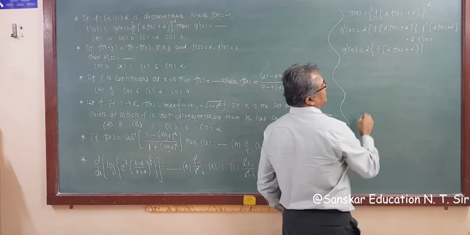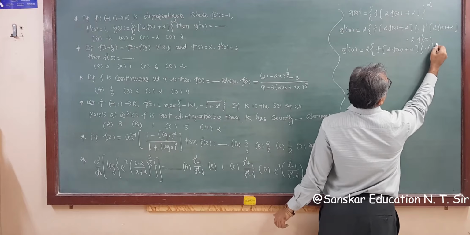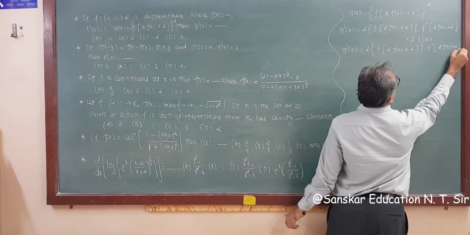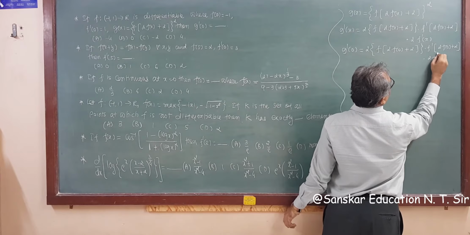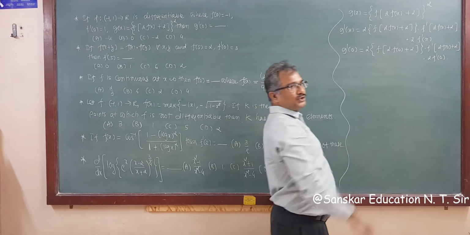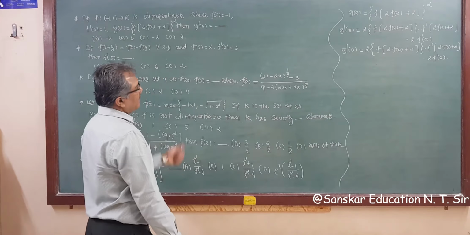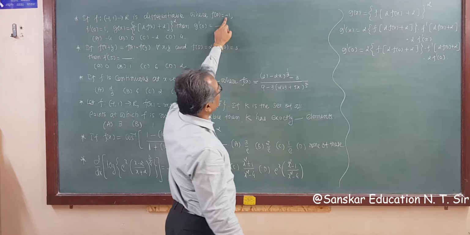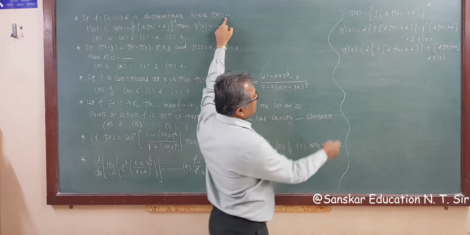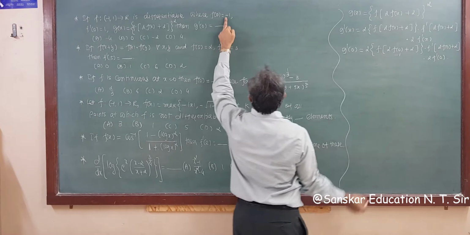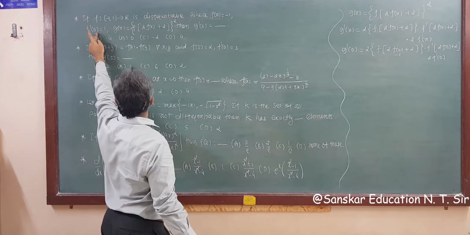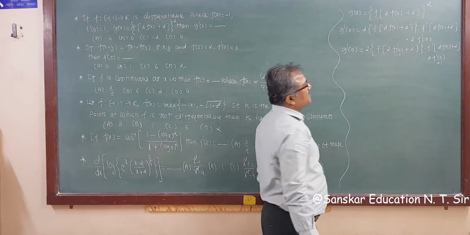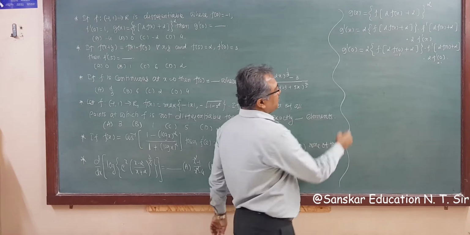So this is your answer, but we need to simplify this. Also it is given f(0) is equal to minus 1 and f dash 0 is 1. These are the values given. So we are substituting these values.